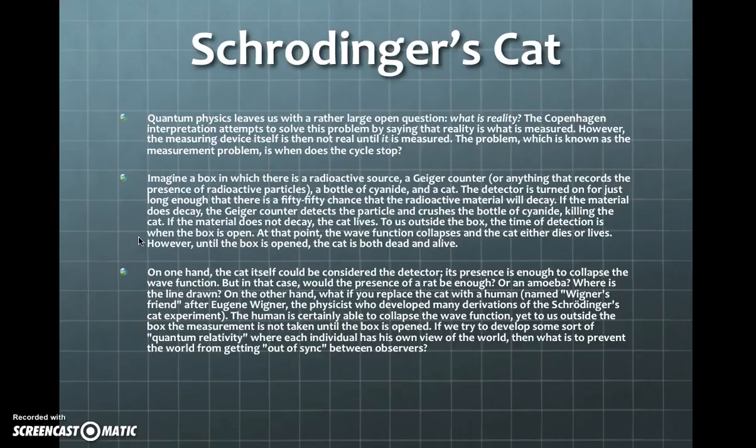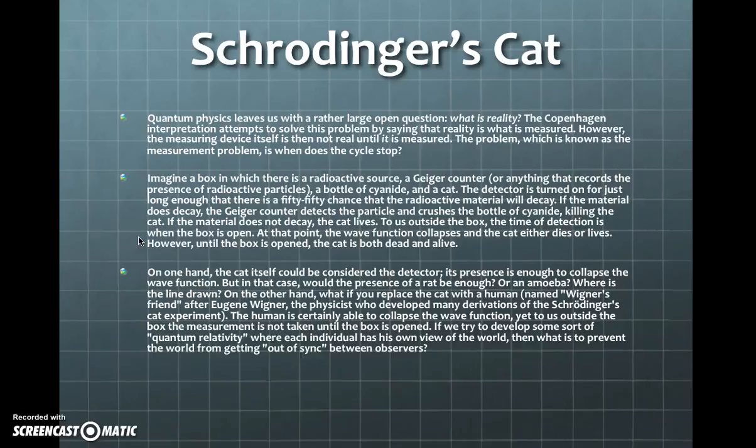If the material does not decay, the cat lives. To us outside the box, the time of detection is when the box is opened. At that point, the wave function collapses, we're observing, and the cat either dies or lives. However, until the box is open, and this is where Schrodinger likes playing with their heads, the cat is both dead and alive.